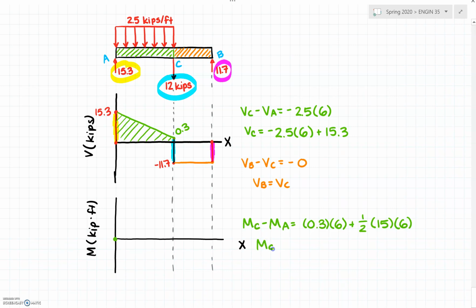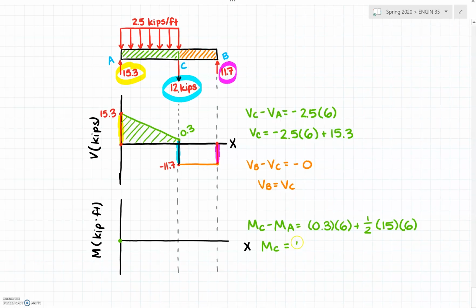So MC is going to be, MA is 0, so it's just going to be 0.3 times 6 plus 0.5 times 15 times 6, and we get 46.8 kip-foot. So 46.8.